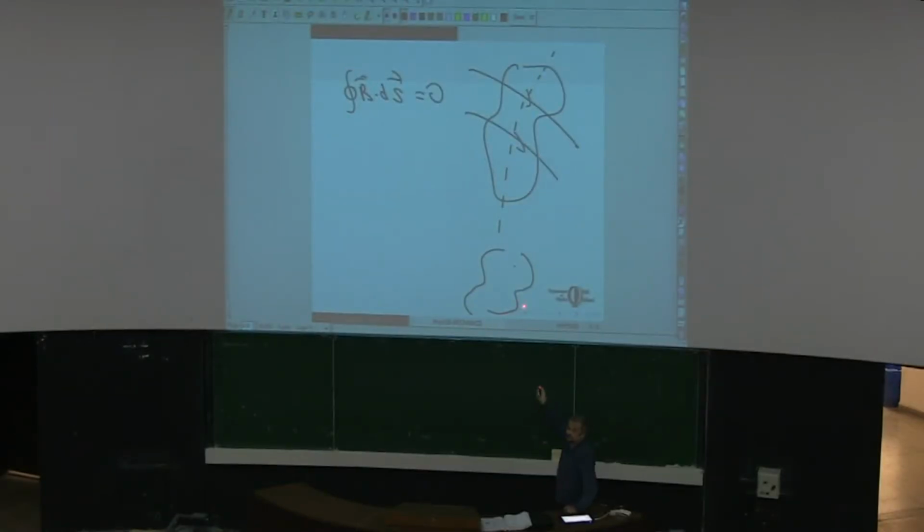Here we have the opposite flux, depending on the chosen direction of the areas. So the flux at a given region, in this region, let's say, phi B is not equal to 0. But the flux around a closed surface is zero, because the magnetic field lines pass through the surface in one direction. They do not pass in the other direction. But when you have a closed surface, if they pass in one direction, they have to also pass in the other direction. That's the difference.